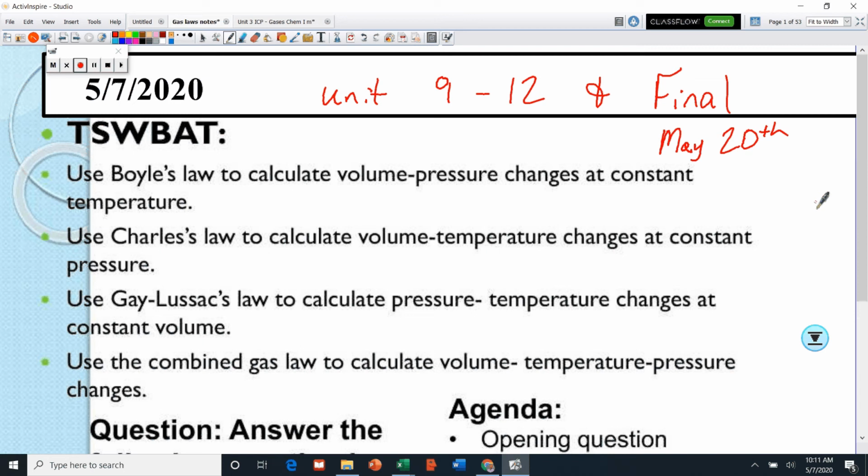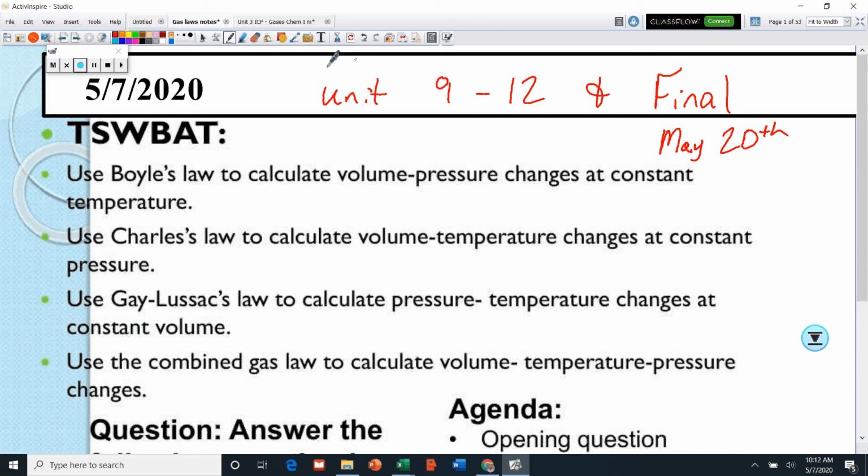What I'm planning on doing is finishing this material by Tuesday of next week, giving you some time to practice and review for the test. That would be test 3, which is units 9 through 12. For the non-DE students, it would just be a test on units 11 and 12, gas laws and intermolecular forces.